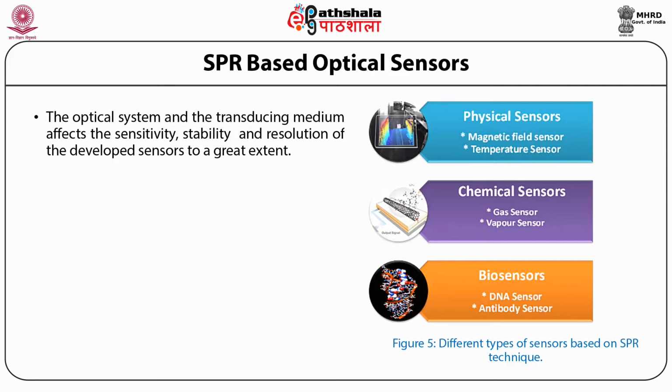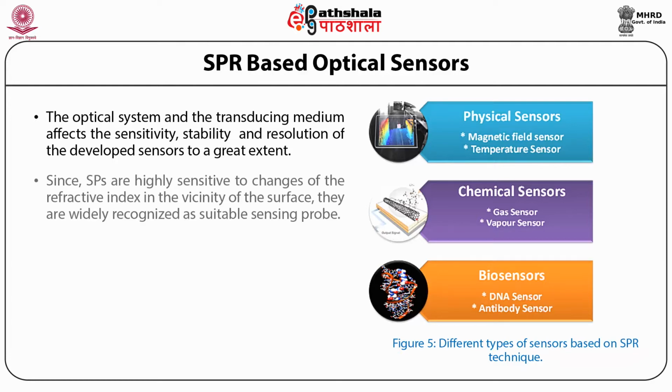The primary parameters reflecting the performance of the sensor include its selectivity and response. Since surface plasmons are highly sensitive to changes of the refractive index in the vicinity of the surface, they are widely recognized as a suitable sensing probe. SPR sensors exploit the properties of surface plasmons for the detection of analytes by optical means.